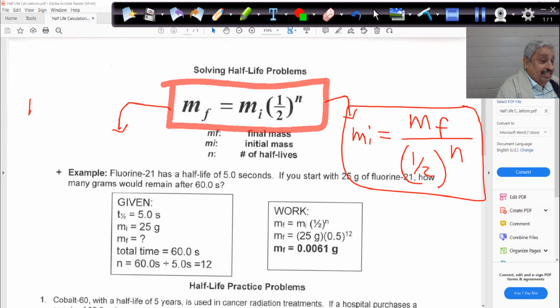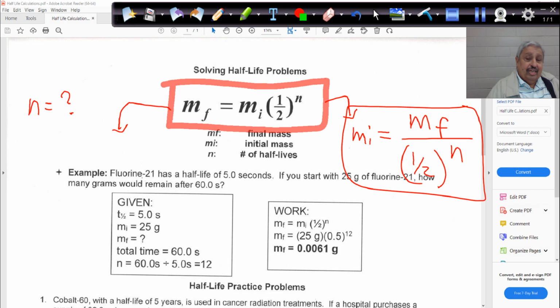What's the second one? n, correct? We have to watch n because it's an exponent. Whenever you have an exponent and you want to get it by itself, you have to use the inverse function. If you are dealing with a power of 10, for example, you go for log. If you are dealing with e, you go for ln.